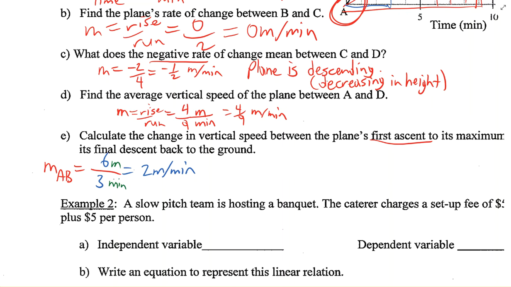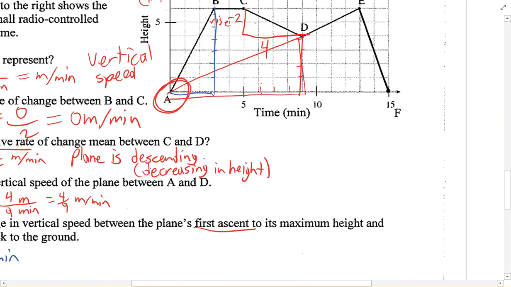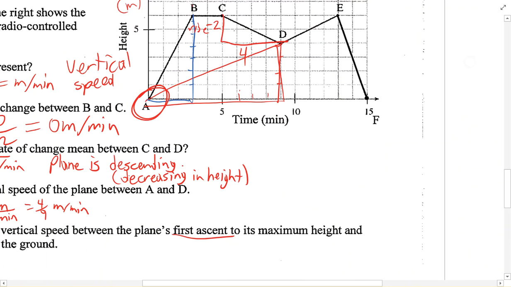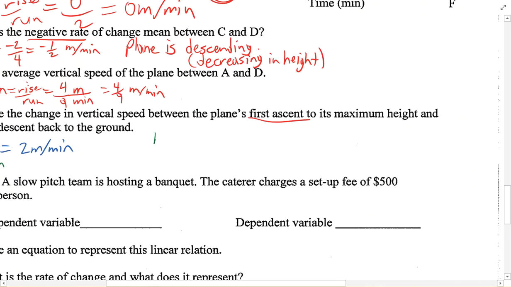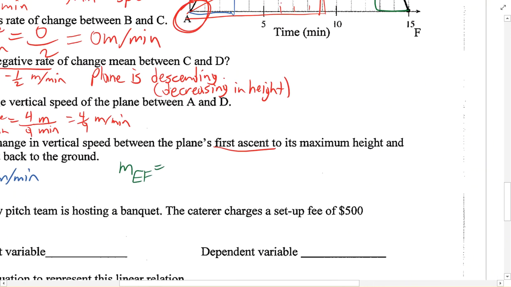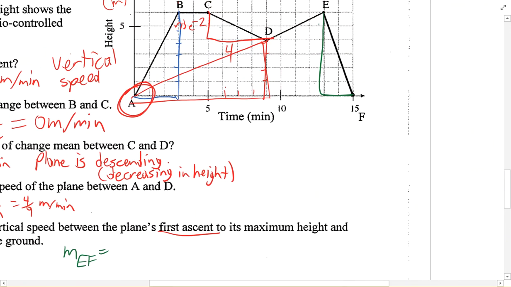But what about going down? Going down, you don't want it to go too fast. So here, what's our vertical speed between E and F? So M, E, and F. What's our slope between E and F? 1, 2, 3, 4, 5, 6.